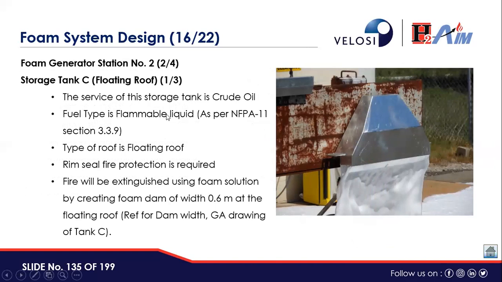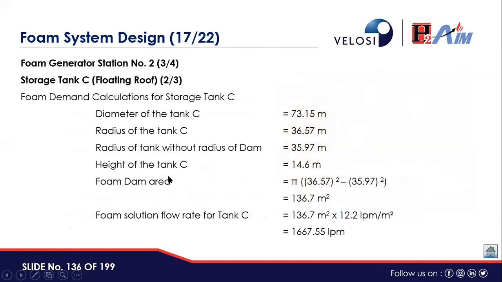Fuel type is flammable liquid as per NFPA 11 section 3.3.9. Type of roof is floating roof. Rim seal fire protection is required for this one. Fire will be extinguished using foam solution by creating a foam dam of width 0.6 meter at the floating roof. So similar calculations for this one as well.